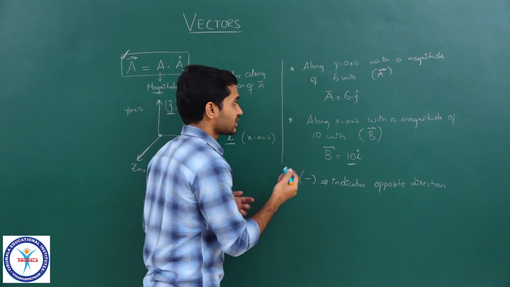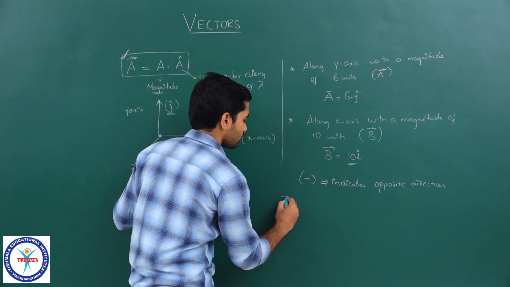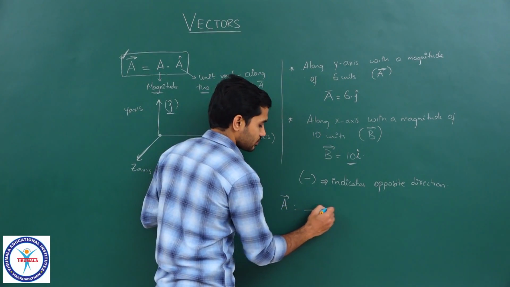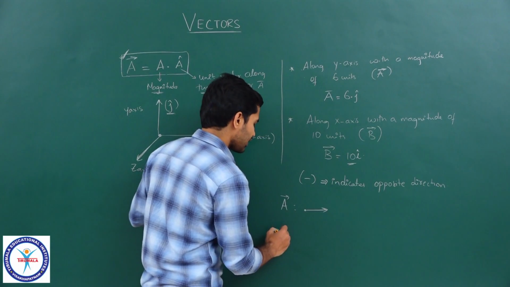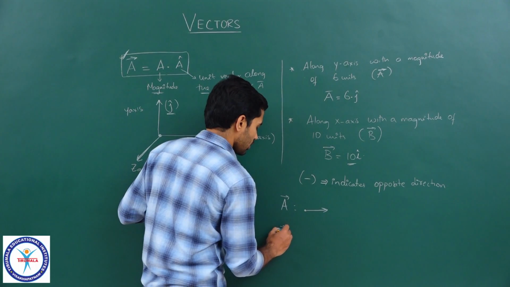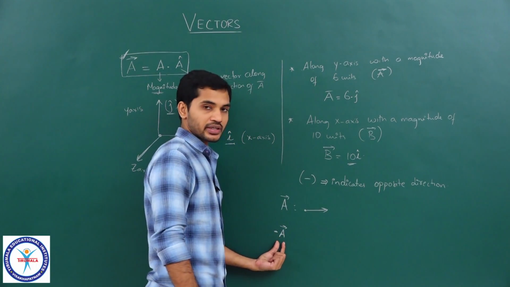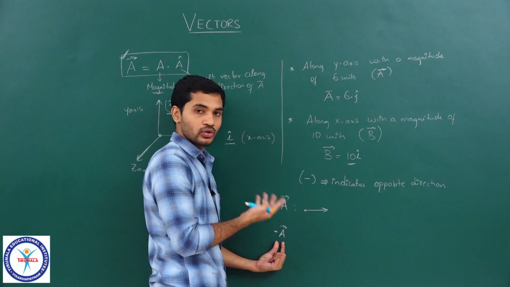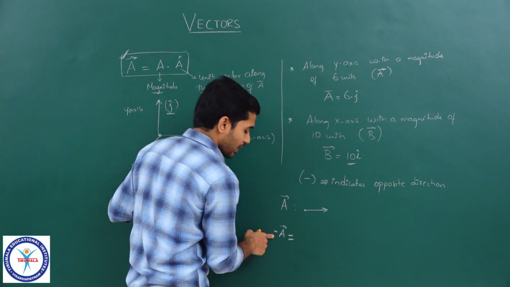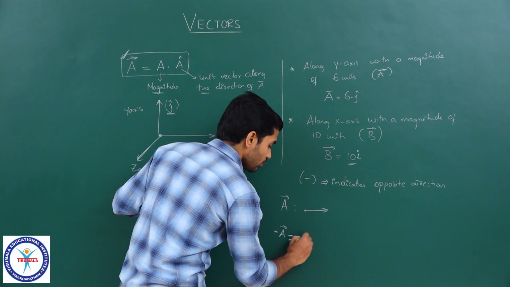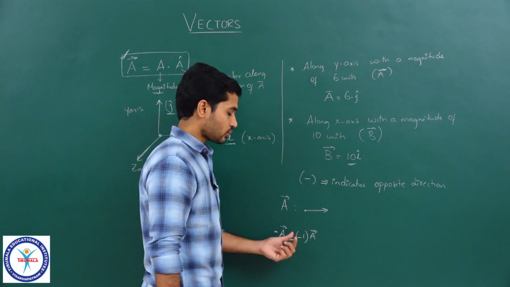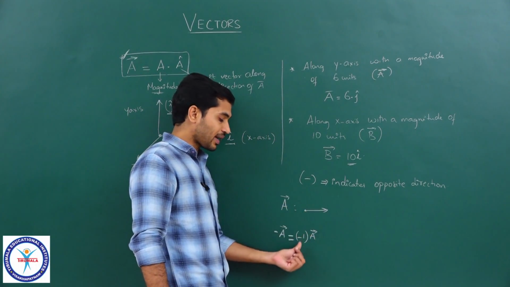See, for example, if I have a vector a bar, clear? So if I have a vector a bar like this. Now if I ask you what is vector minus a bar, will the magnitude of this vector be different from the magnitude of a bar? No, because as I told you, minus a bar can be understood as minus 1 into a bar, which means you are multiplying this vector with minus 1.